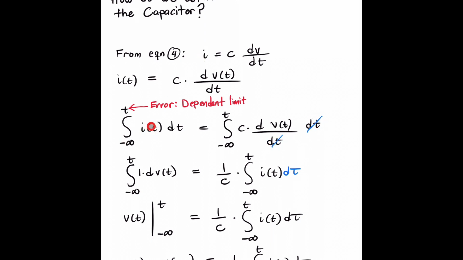This i is this i. This dv/dt is this dv/dt. This C is this C. We're integrating with respect to t. And from this equation, we get this equation.